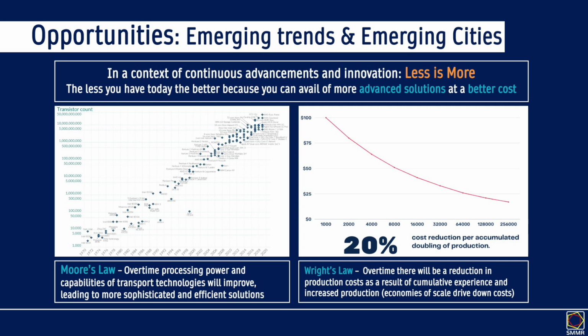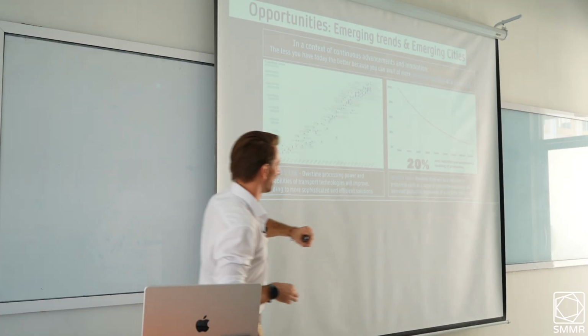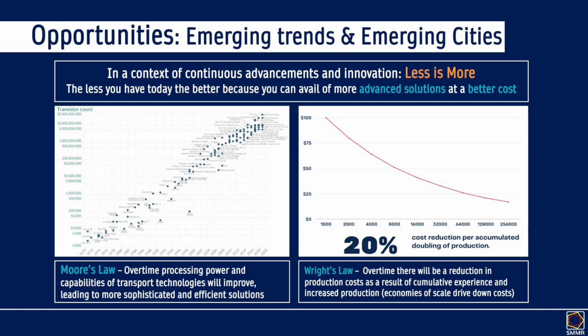And you might have heard of Moore's Law, where every 2 years, processing power doubles. And so there's huge advancements in technology, but at the same time, costs of technology are also going down. And that's Wright's Law, where every time you double the amount of units you produce, you see a 20% reduction in costs.